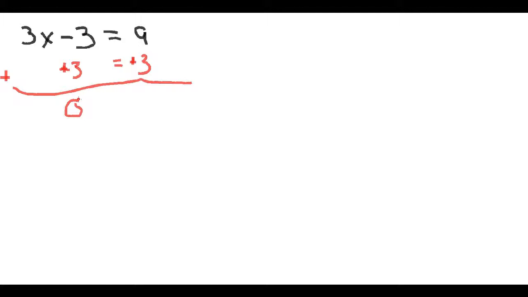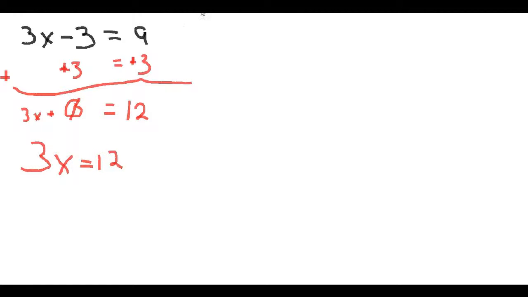Right? So we're left with 3x plus 0 equals 9 plus 3, which is 12. We could rewrite the equation as 3x equals 12.